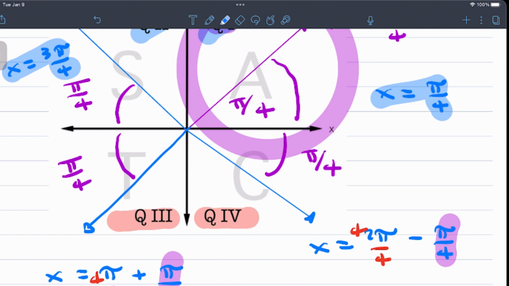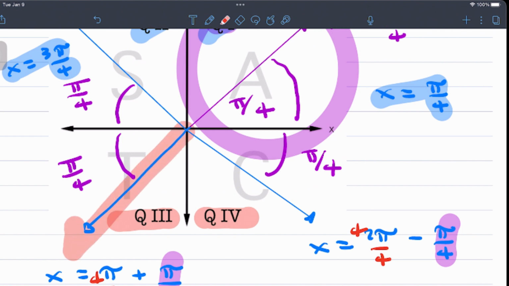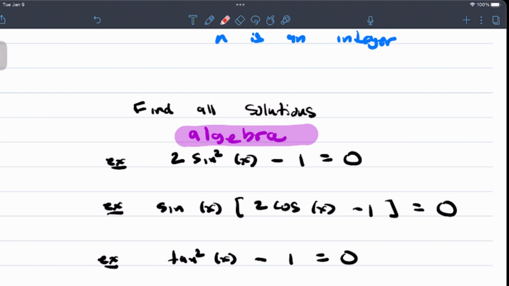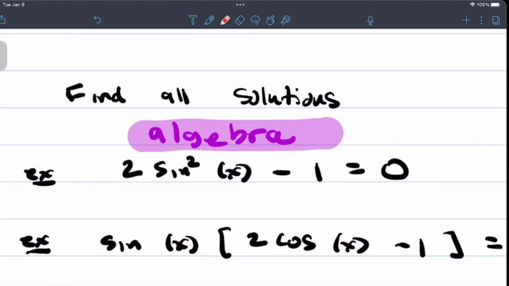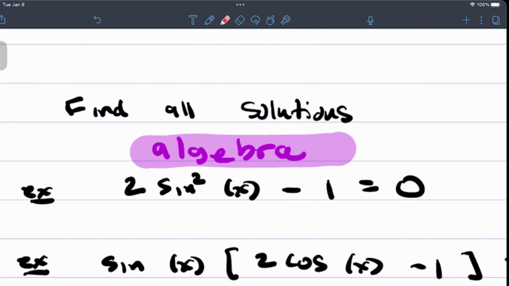Okay, so I just want to remind people here that we found really the solutions in the restricted domain. Is that right? Quadrants 1, 2, 3, and 4. What they want is the general solution because they want all solutions here. Remember this? Find all solutions. And all of these are using some algebra.